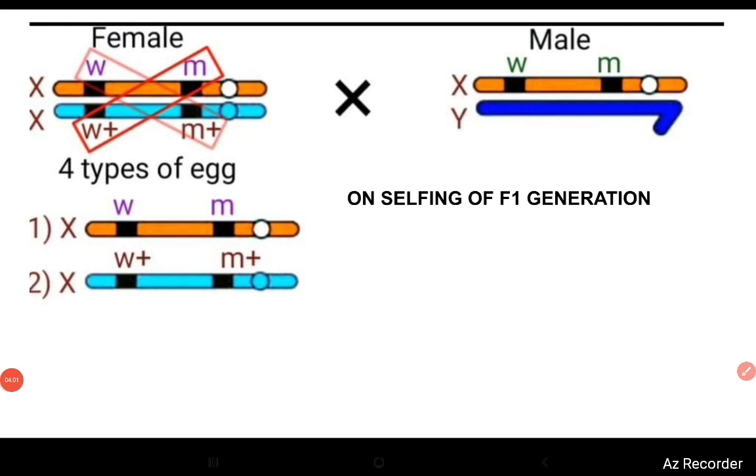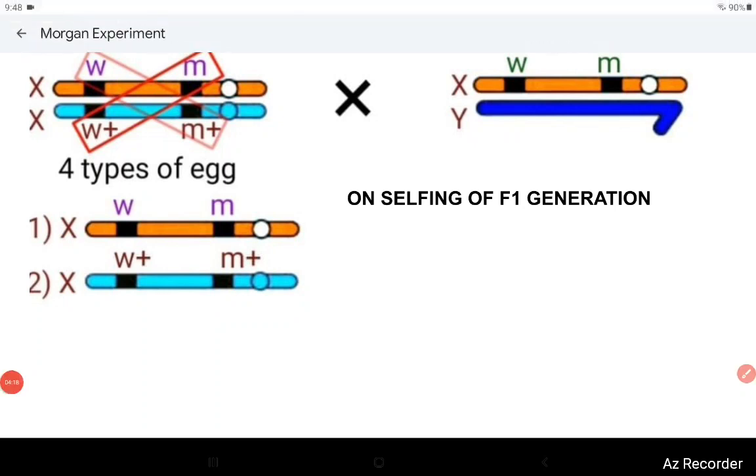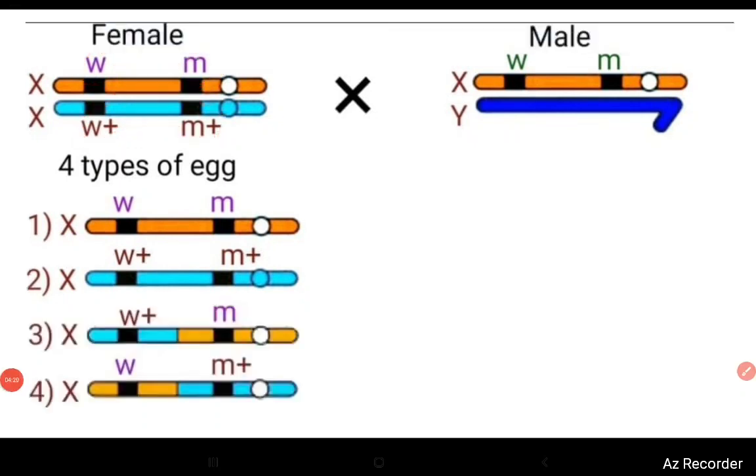So in females, 4 types of gametes are formed if there is a recombination between the two chromosomes, because the genes are at a considerable distance. Here in females, this is a parental combination and this is also a parental combination, and the other two gametes formed are with new recombination genes.